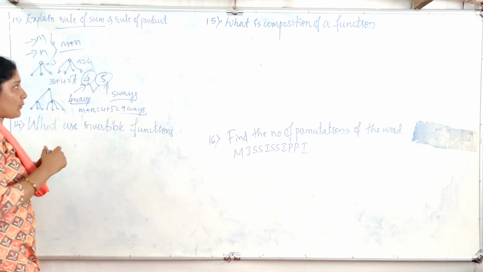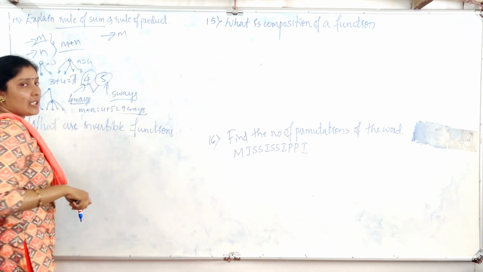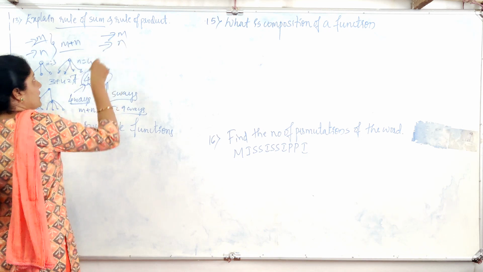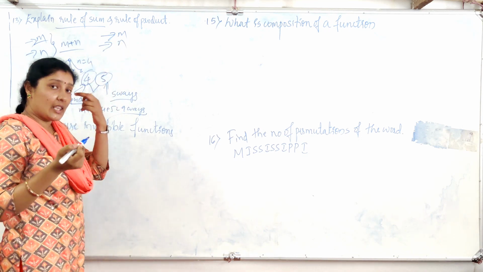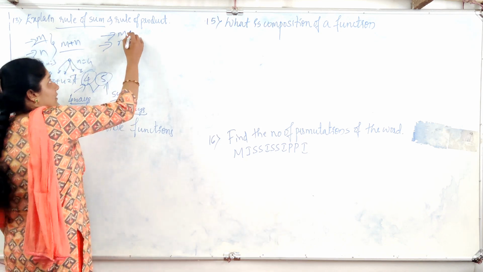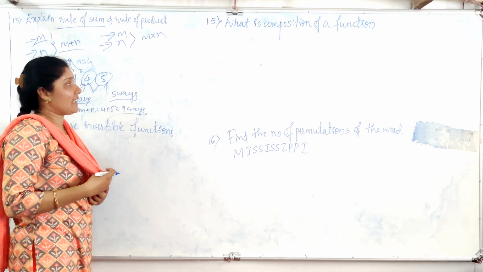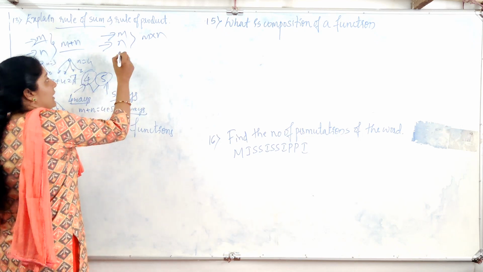Rule of product means what? Same here. A task is performed in m ways and one more task is performed in n ways. Then both the tasks can be performed together in m into n ways. For this I gave you the example of male and female candidates.